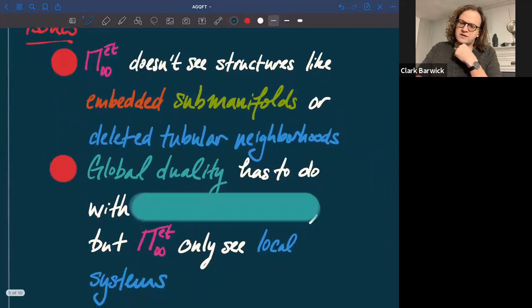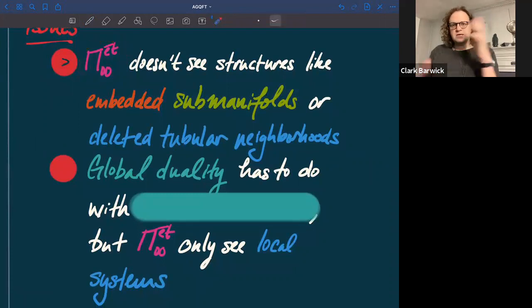The first one is that this Étale homotopy type can't see the structures that we said we wanted to study. We said that inside our MF, we wanted to see knots and deleted tubular neighborhoods of knots. So we'd want to be able to see things like embedded submanifolds and their deleted tubular neighborhoods. And we don't have access to that stuff with just a raw homotopy type like pi infinity et.